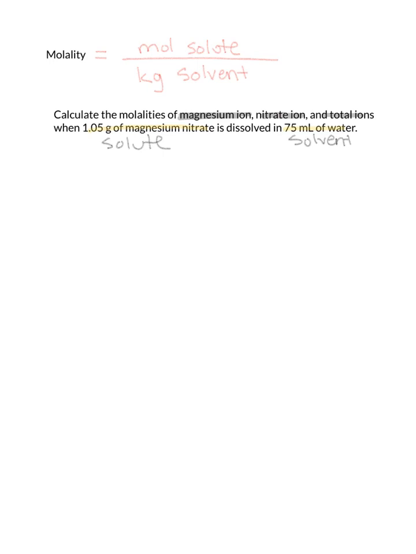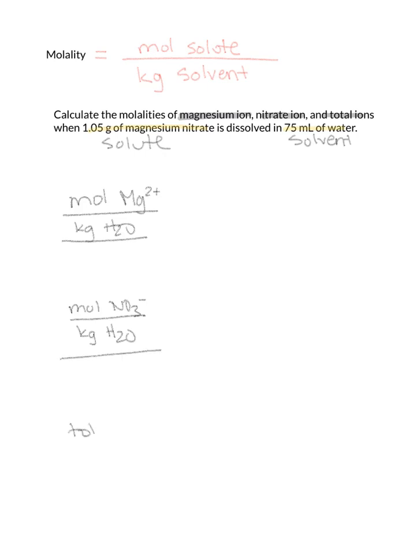So again, I can set myself up for moles magnesium 2+ in kilograms of water, moles of nitrate in kilograms of water, right? The molality of magnesium, the molality of nitrate, and the total molality. And just like before, if I'm talking about all the ions, I can just add up what I get for magnesium and nitrate.